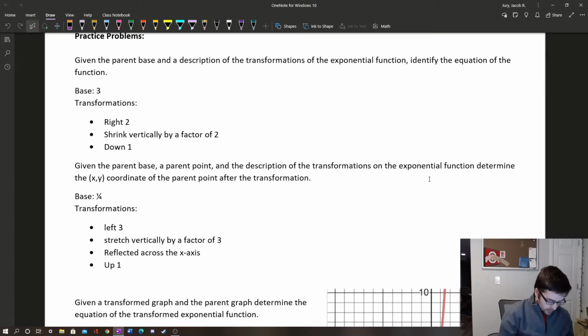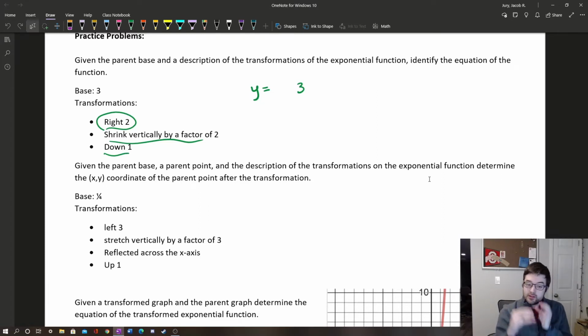So we're given that this function has a base 3, and we're told that it's right 2. It shrinks vertically by a factor of 2 and down 1. Now, shrinking vertically by a factor of 2, if it shrinks by a factor of 2, that means we're going to use a fraction.